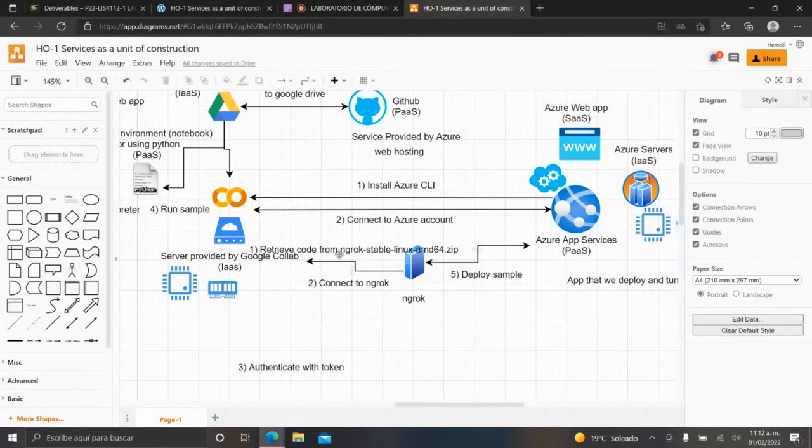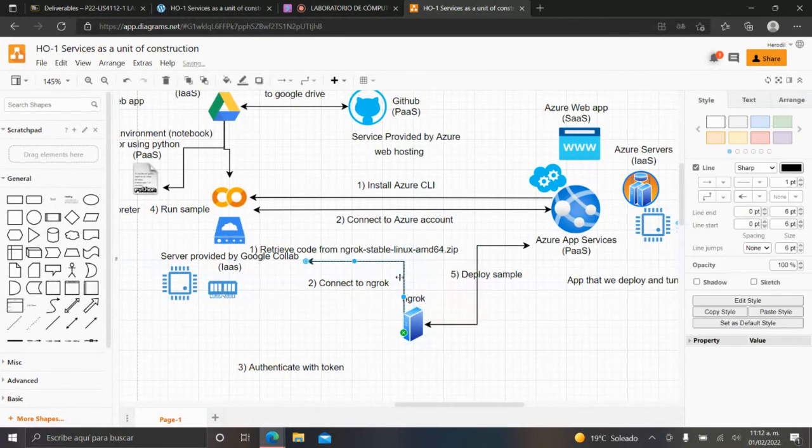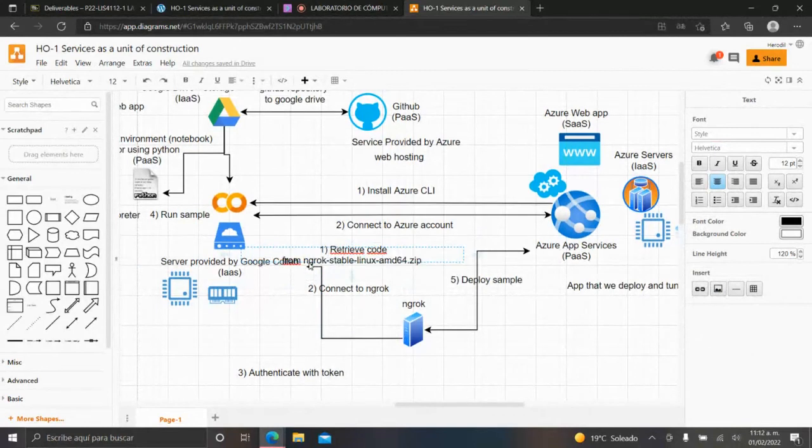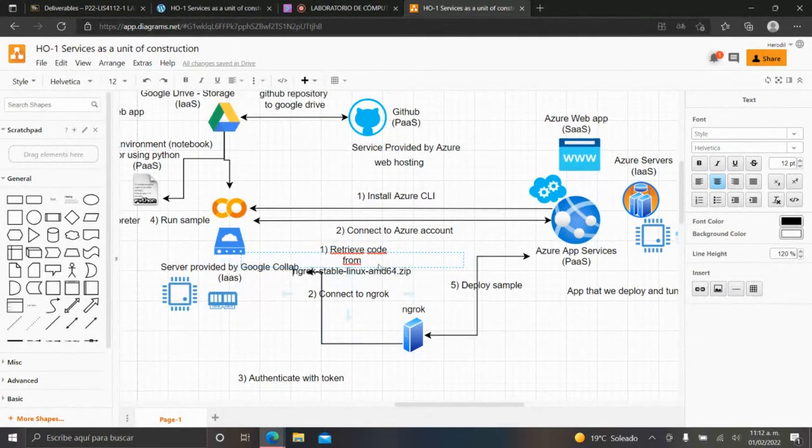So first ngrok to drive, and then it's unzipped within the server, and then in fact, what we did with the authentication story is we created a variable, and then we executed the YAML of ngrok so that our authentication was calibrated with our getting token.